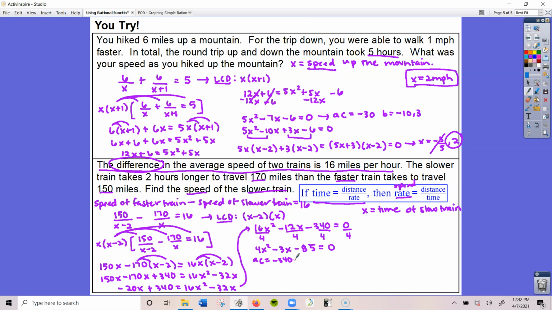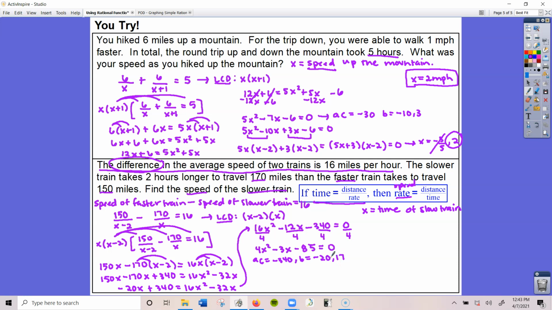And now we need to figure out what two numbers would multiply to give us negative 340 that would add to give us negative 3. Those two numbers would be negative 20 and positive 17.